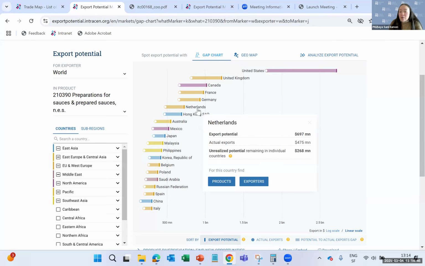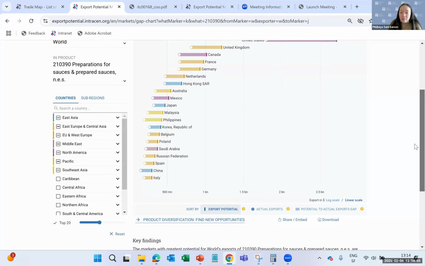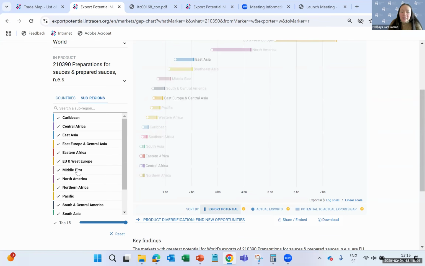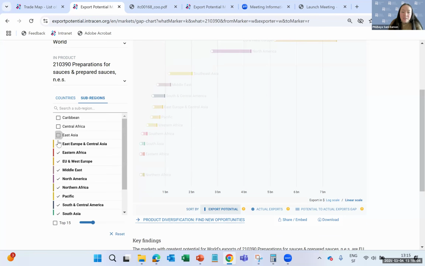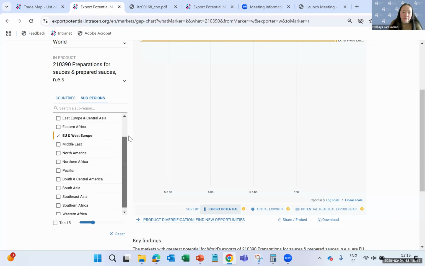So one of the markets that we selected is here. Right now, the graph actually covers the top 20 countries from various regions. But if you want to look at a specific region, like I am interested in the EU, I can just remove other markets to be able to focus on the EU market. Okay, it's not a problem. We can do that here.